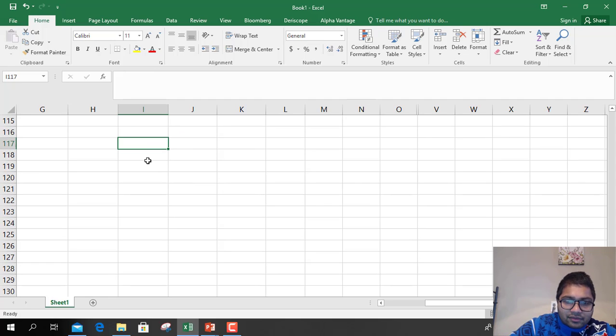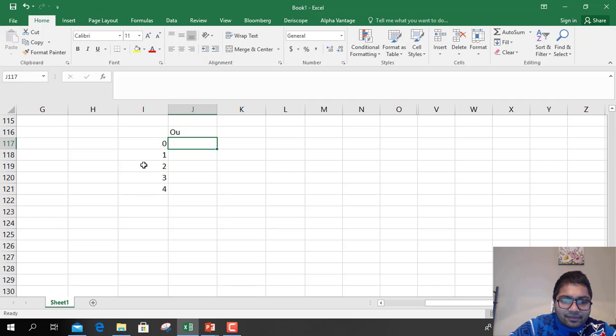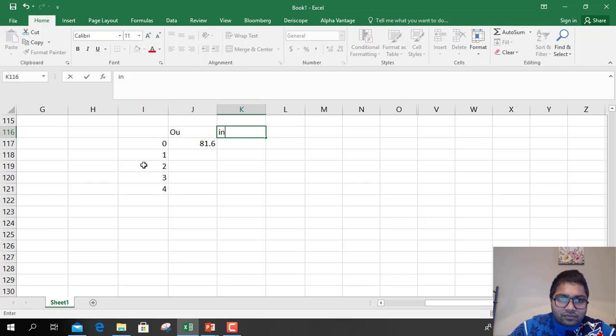So this is the cash flow profile: 1, 2, 3, 4, for 4 years. Outflow is 81.6 million, and inflow is 28 million each year.